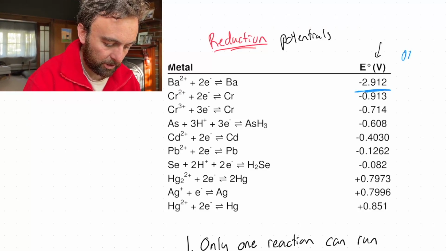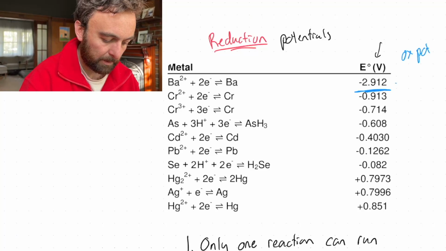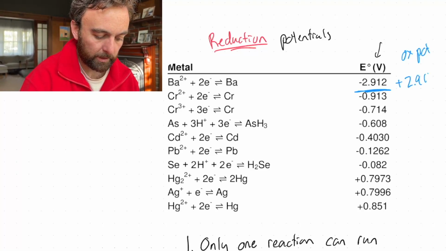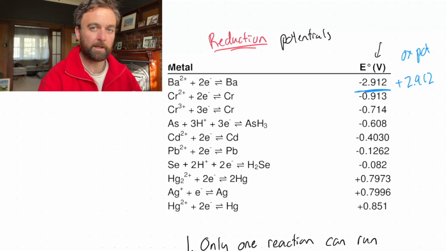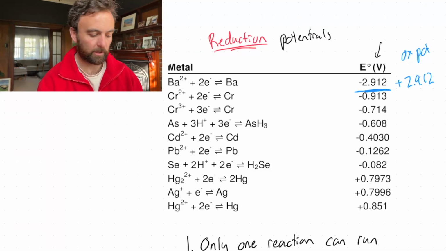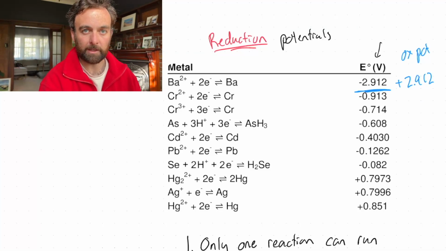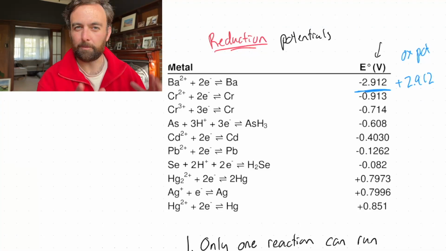The oxidation potential will actually be +2.9. So depending on which way the reaction's going, that's going to be the opposite number. So the same number, but the opposite sign.